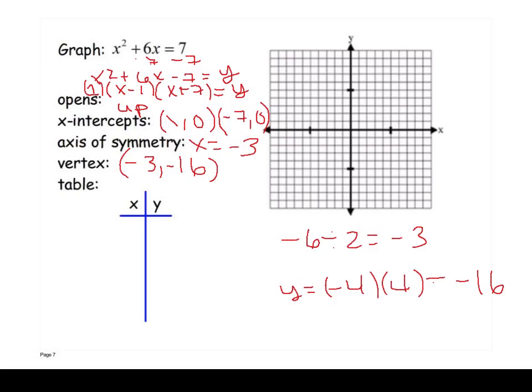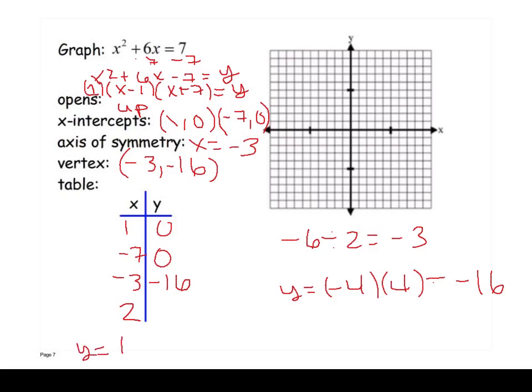I now have 3 points to put on my table. I have my x-intercepts, and I have my vertex. And I'm going to pick another point. I'm going to pick this one to be equal to 2, since it is larger than my 1, 0 x-intercept. 2 plugged back into the original equation is equal to 2 minus 1, which is equal to 1.